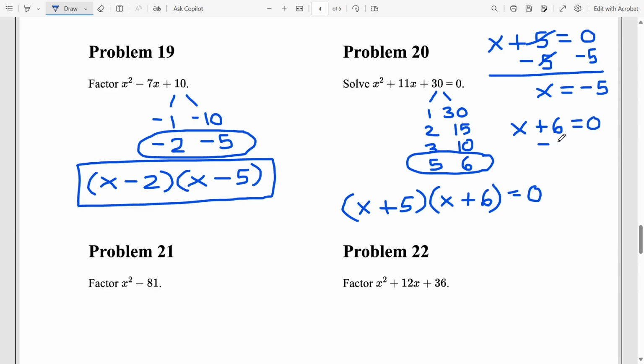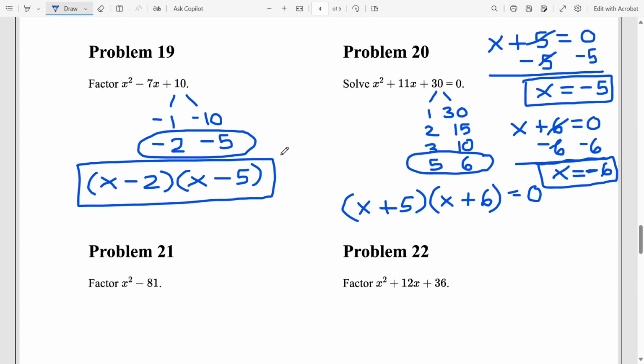And I'm going to subtract 6 from both sides. 6 minus 6 is 0. So we get just x equals 0 minus 6, or x equals negative 6. So our two solutions here are x equals negative 6 and x equals negative 5.